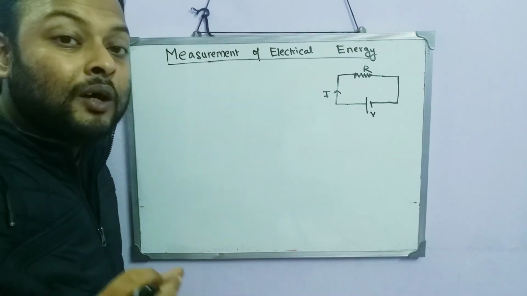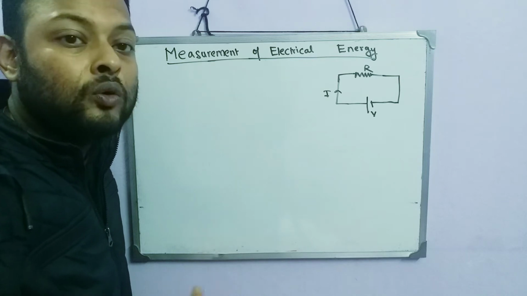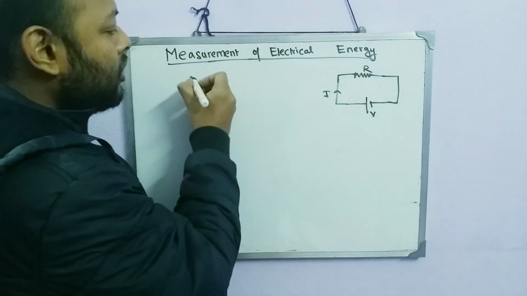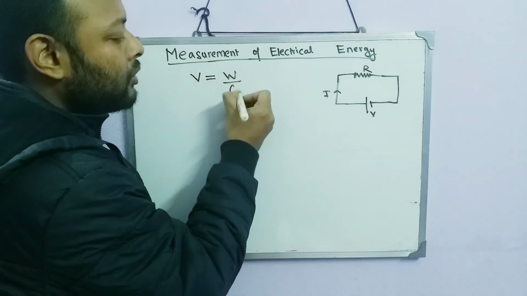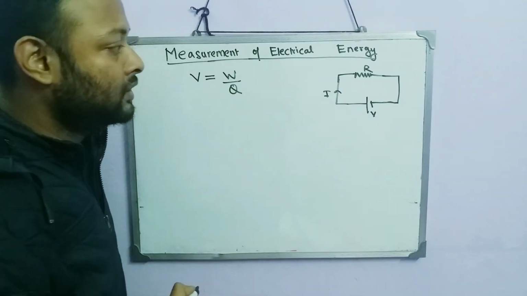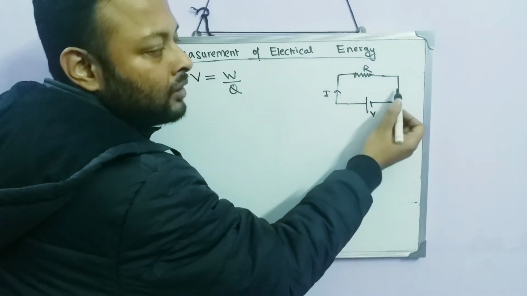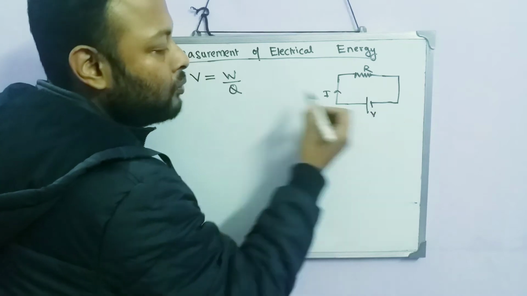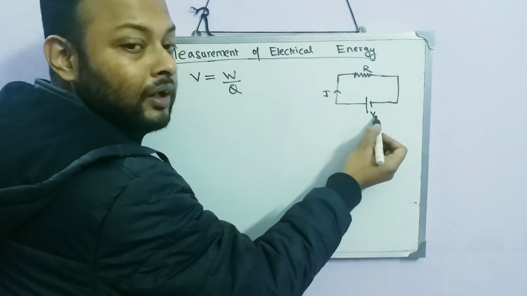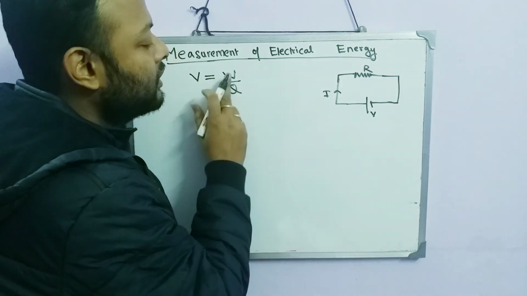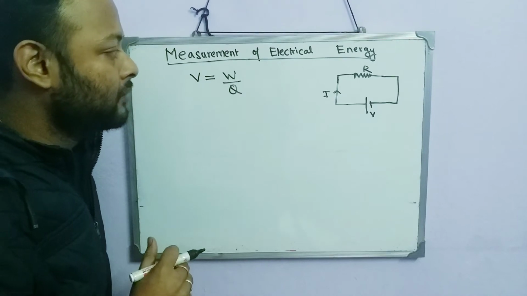Now if we look at the basic definition, what we have discussed long back, how do we define potential? I think you know potential is equal to work done per unit charge. To take a charge Q from the negative terminal to the positive terminal, how much work we do across this potential V. So that is given by V is equal to W by Q. This we have discussed previously.